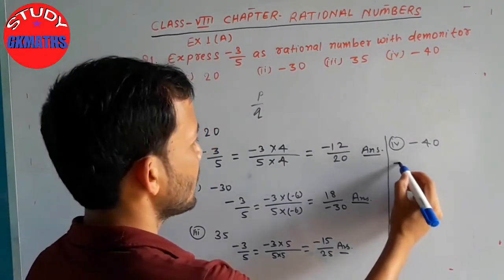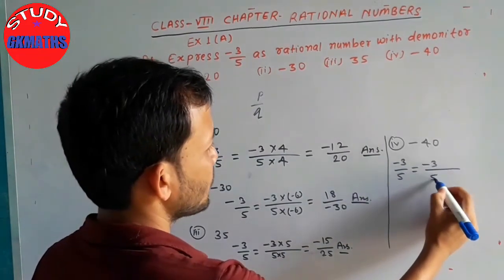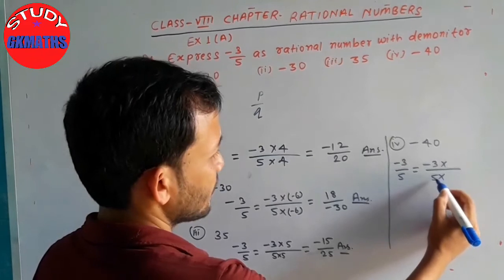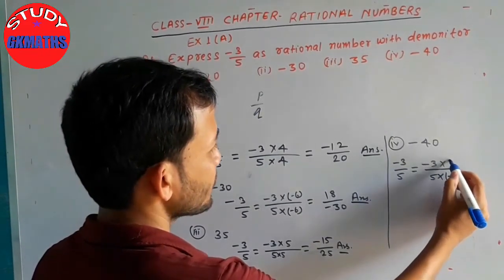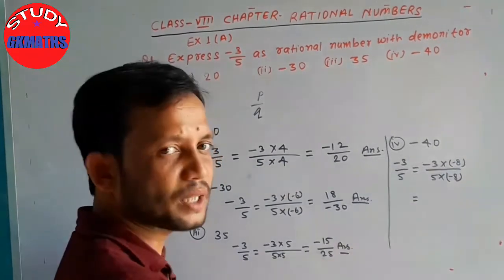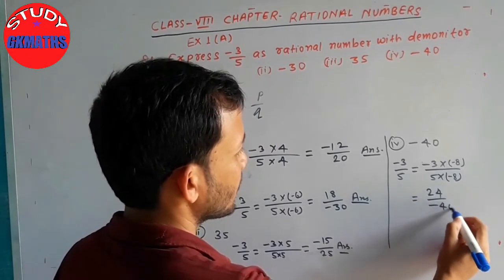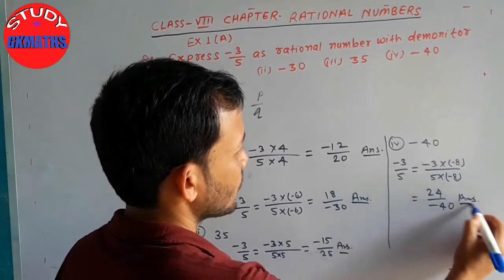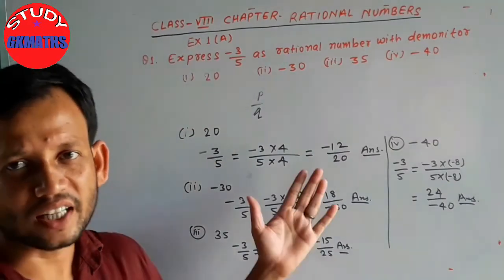The rational number given is minus 3 upon 5. You should multiply so you will get minus 40. Then you have to multiply by minus 8, and on top also minus 8. Minus multiplied by minus is plus 24 upon minus 40. This is your answer.